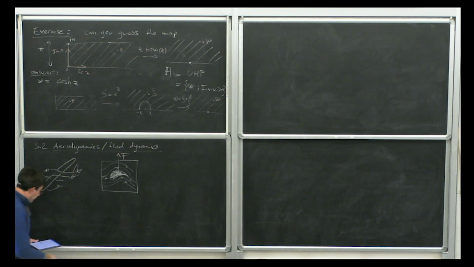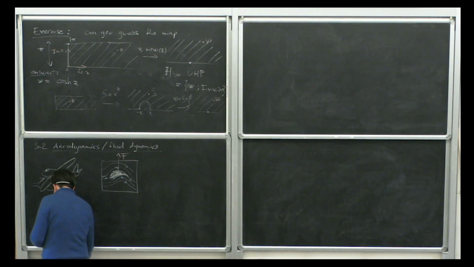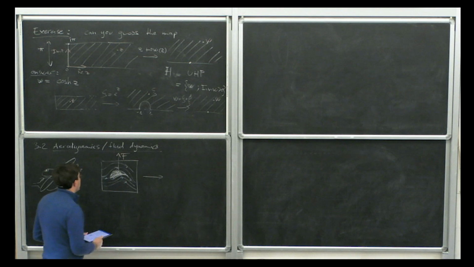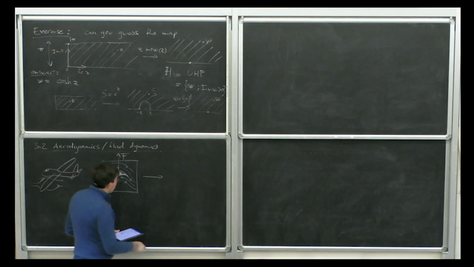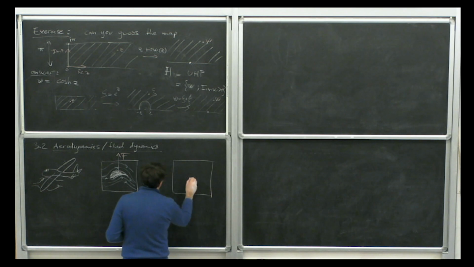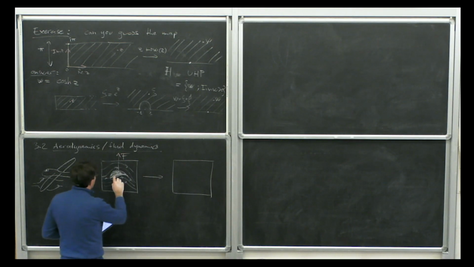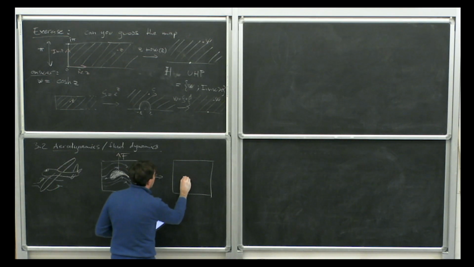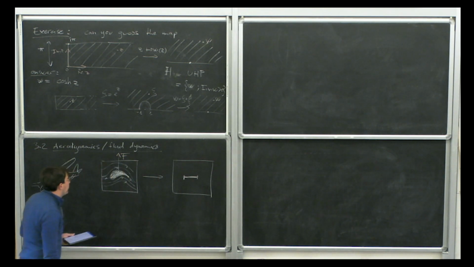So now it turns out this type of problem can also be solved, at least for the simplest model of these things, by a conformal map. Here you cannot completely get rid of the hole in the plane that corresponds to the wing, but what you can do is map the hole, the hole that corresponds to the wing, to a segment. This you can always do. You can map it to a segment.